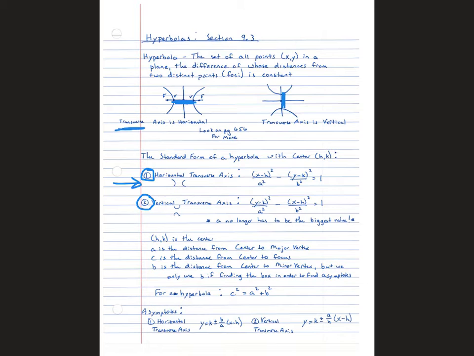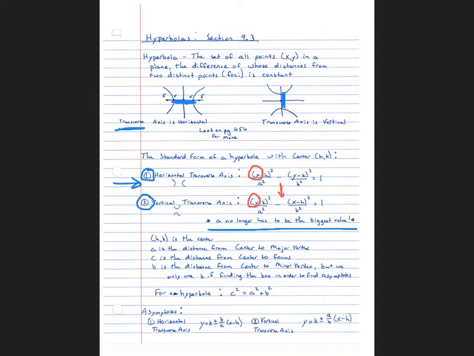Now, one key piece here, a no longer has to be the biggest value. Remember, for an ellipse, a always had to be the bigger number. That is not necessarily the case for a hyperbola. In a hyperbola, from the equation, we base whether it's horizontal or vertical on which variable, the x or the y, comes before the minus sign in the middle.